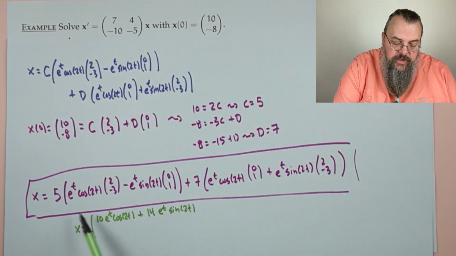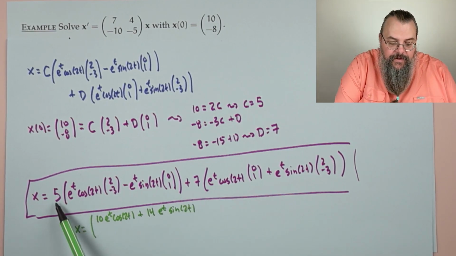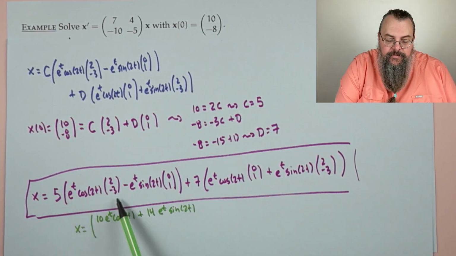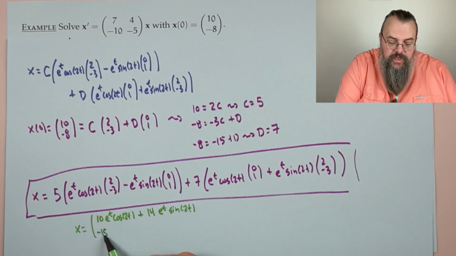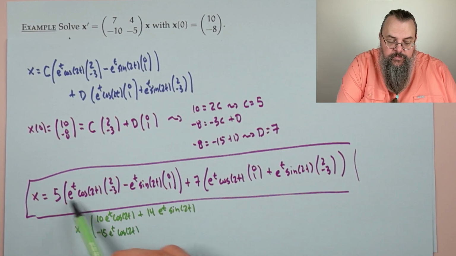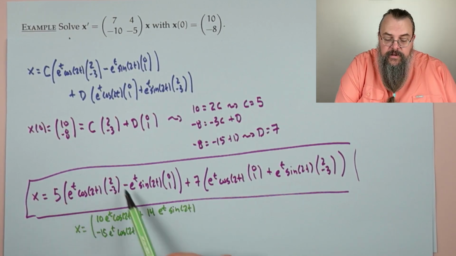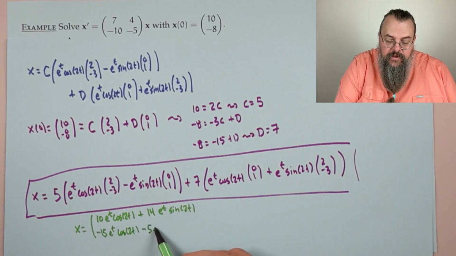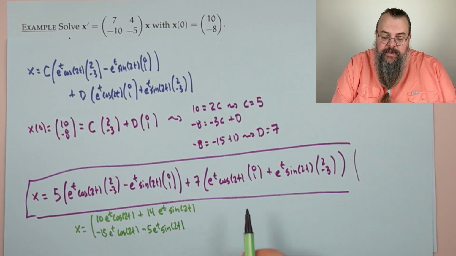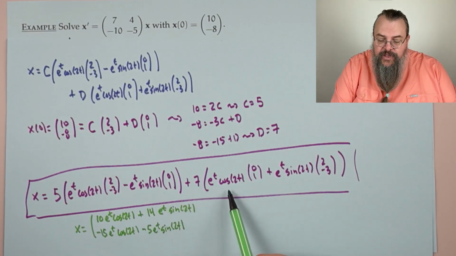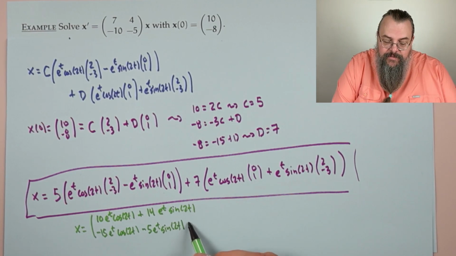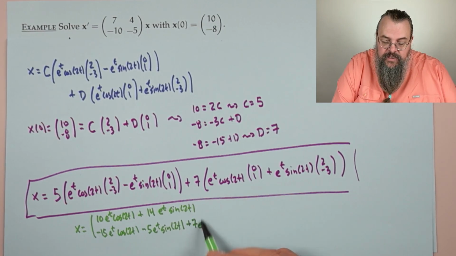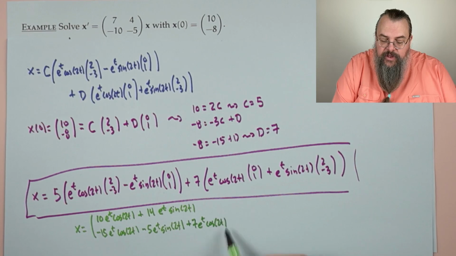All right, now the bottoms. 5 e to the t cosine 2t times -3 is -15 e to the t cosine 2t. 5 times -e to the t sine 2t times 1 makes -5 e to the t sine 2t. Then we have 7 e to the t cosine 2t times 1, so that's plus 7 e to the t cosine 2t.